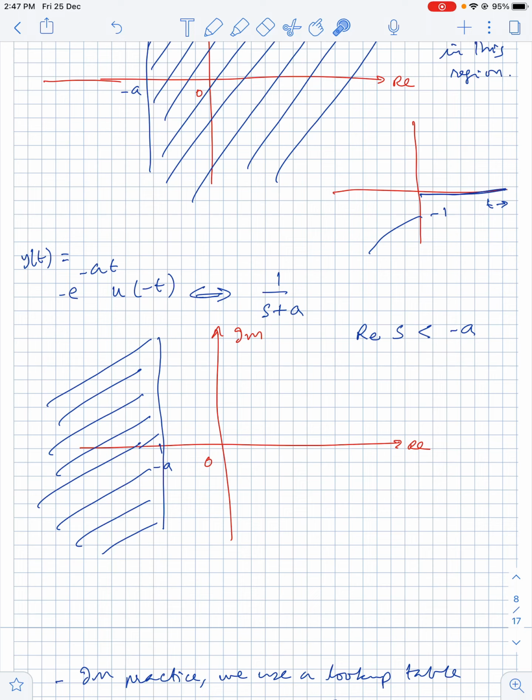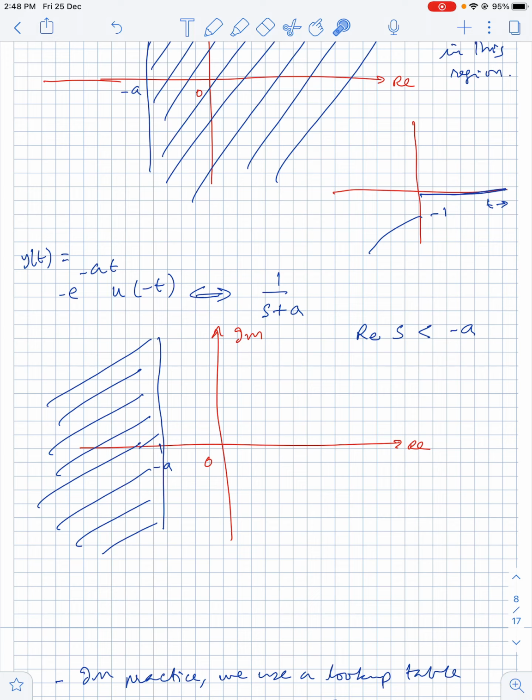To analyze this kind of signal, you cannot use the Fourier transform, but you can analyze it using its Laplace transform. There could be several cases where the Fourier transform of a signal or a system does not exist, but a limited amount of analysis could be done using the Laplace transform.